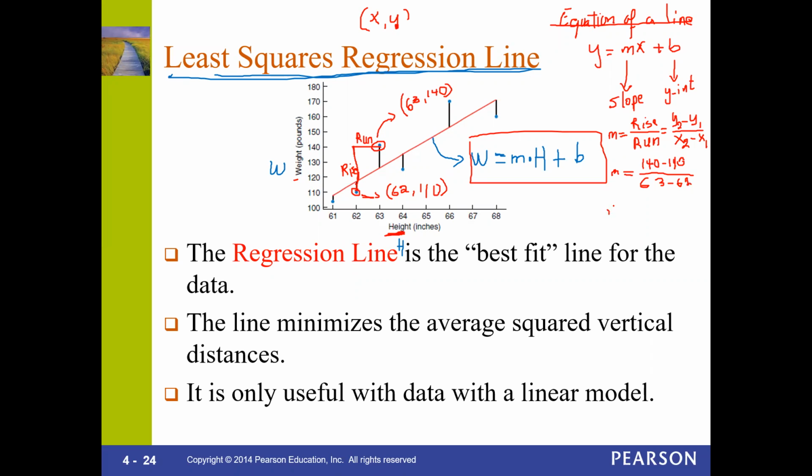And that's going to give you M is equal to 140 take away 110, that's going to give you 30 over 1.